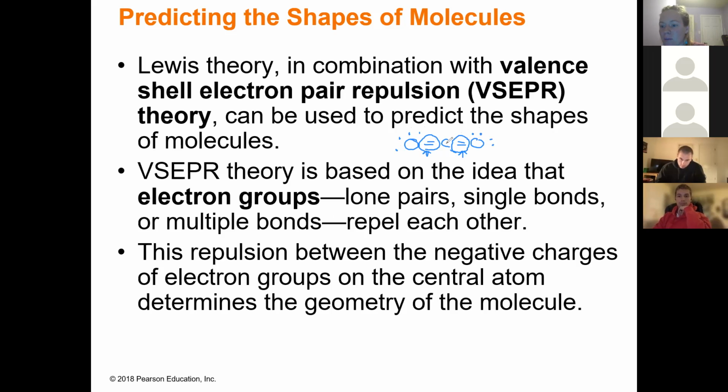No, it's sealed on both sides, right? It's kind of pinched off. So it's acting as a unit. So that double bond is going to act as a single unit, can't break it up. So we want to classify each of those as a single electron group. When it's talking about lone pairs, it's only referring to lone pairs on the central atom. It doesn't matter what lone pairs you have on the outer atoms. They don't dictate the shape.